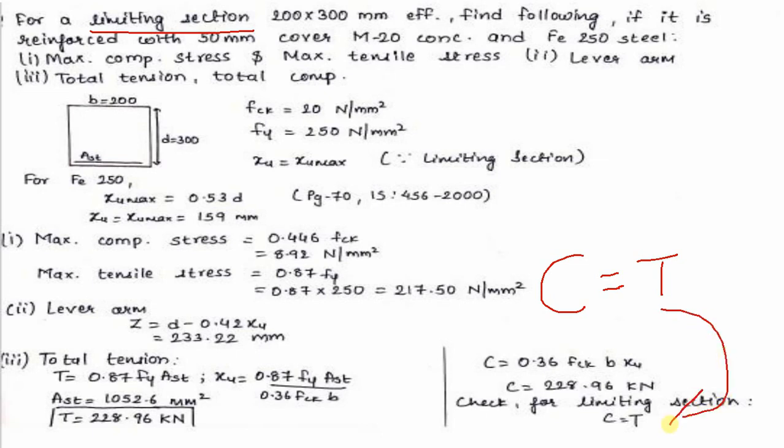So this is our check, whether we have completed our numerical in perfect order or not. You can check even in the GTU examination. If the value of C or T varies for a limiting section, you might have made a mistake. So to check, we need to find that C will always be equal to T.